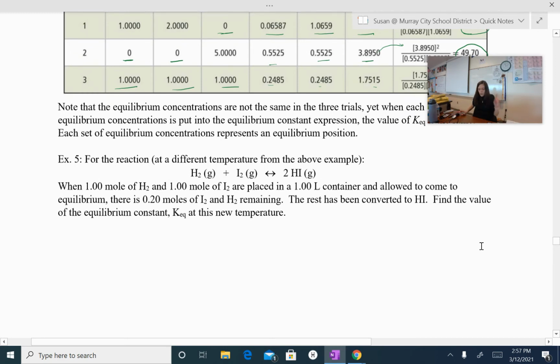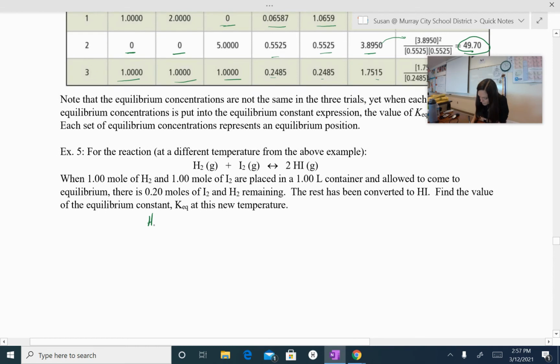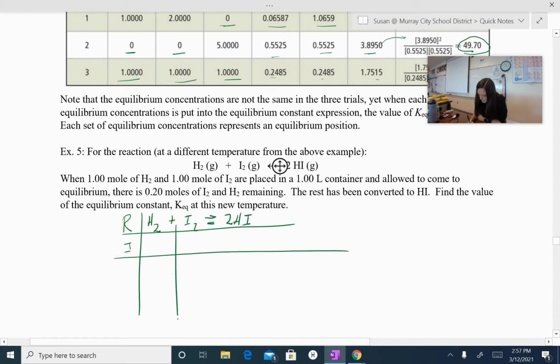So we want to put our reaction at the top, just like we used to. So we have hydrogen plus iodine going back and forth to 2 hydrogen iodide. Okay, so there's our reaction, our initial concentration. Now remember, these concentrations all need to be molar, which means that they need to be moles per liter.